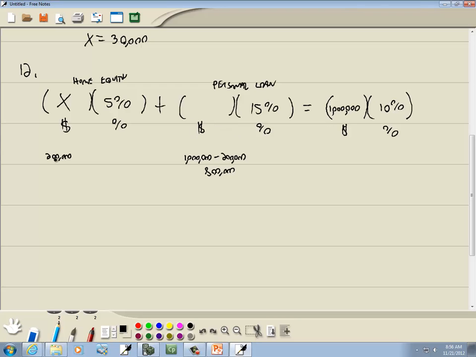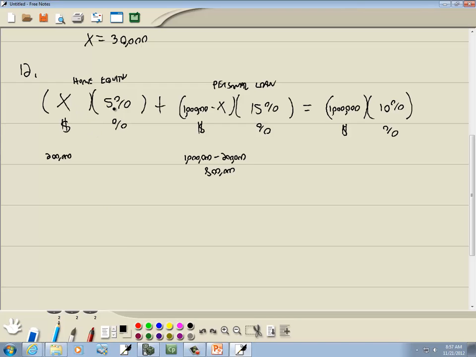Well, we don't know this is 200,000. I'm just putting a number there just so we have to see something. It's really X. So this is going to be $1 million minus X. So that's our setup. Now these numbers have nothing to do with it. They help me to think how this should be set up.